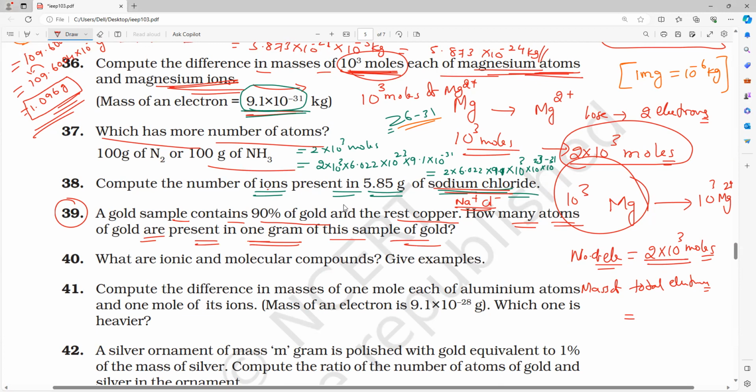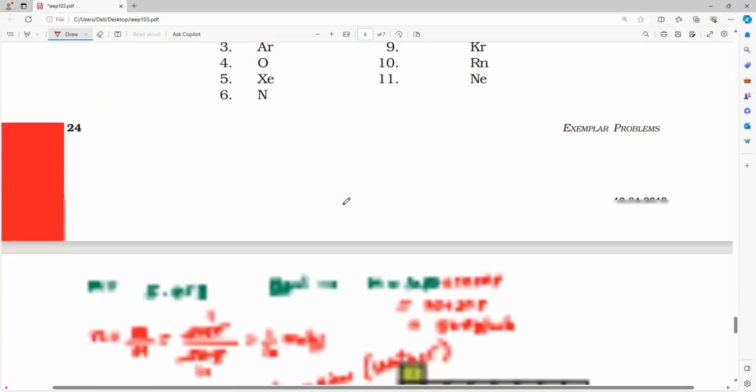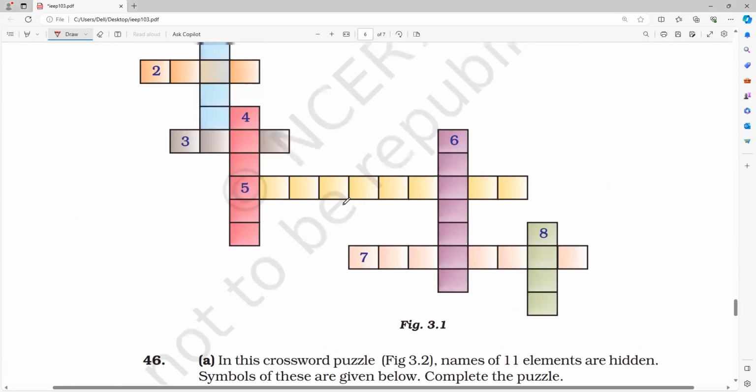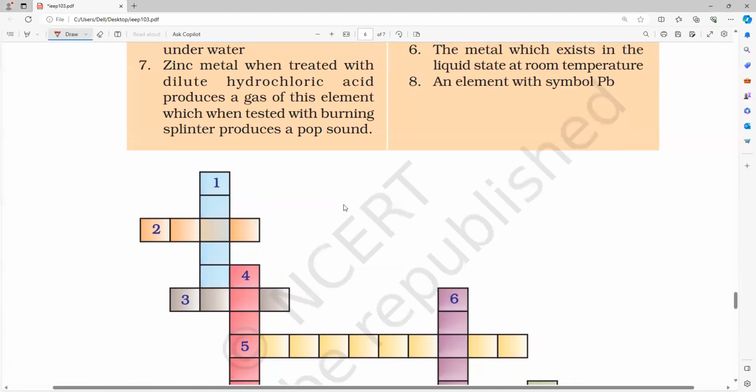So given purity of gold is how much? 90%. What is the given mass?